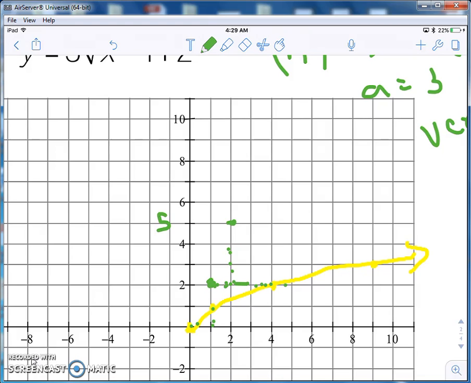And now I'd normally go 4, 2, so I need to stretch it by 3. So I'm going to go up 6, and 2 plus 6 is the 8. So I'm comfortable with the 8. 1 plus 4 is the 5, so I'm comfortable over at the 5.